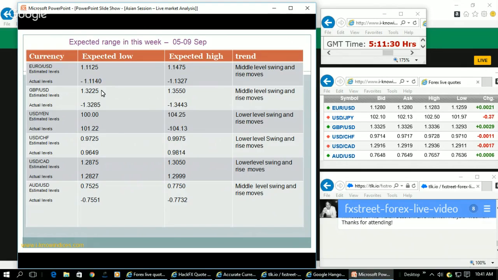So they may not be able to gain more, but the lows are limited. They are not breached. In the case of GBP, they came down to 1.3285 even though the estimated low was 1.3225, and again they did not gain to 1.35. They went up to 1.3443 and started dropping. In the case of yen, when it was around 104.13, the estimated low was 100 and they came down to 101.22 and then started gaining to 102.